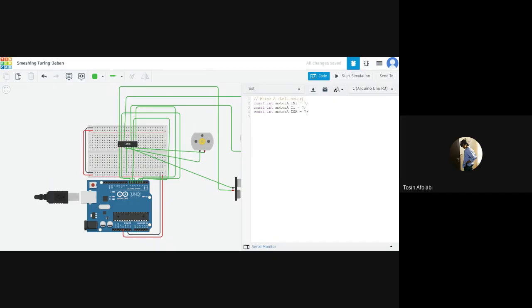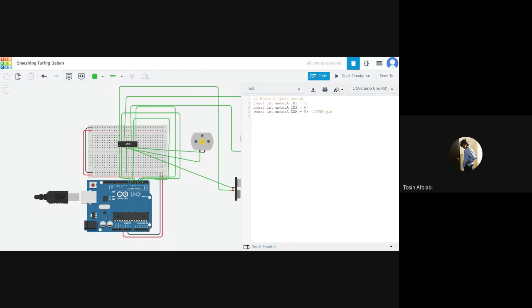Input 2 is 6, and the enable pin is 5. That's our PWM pin.